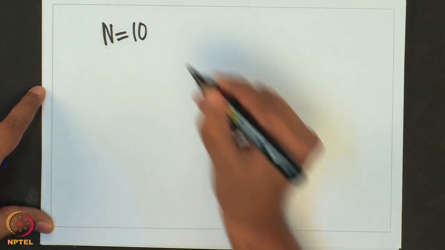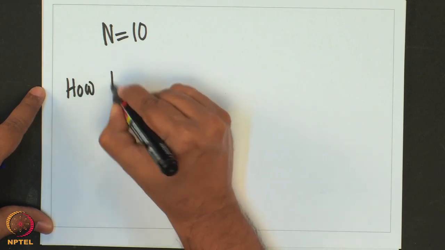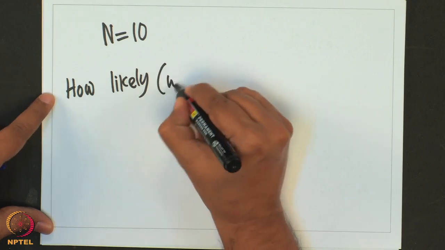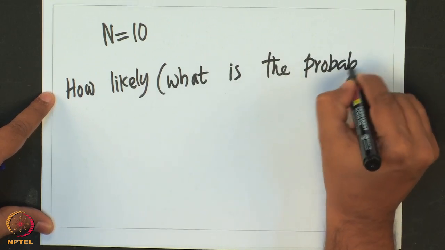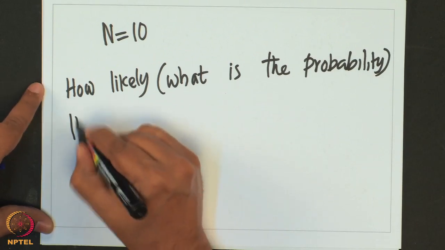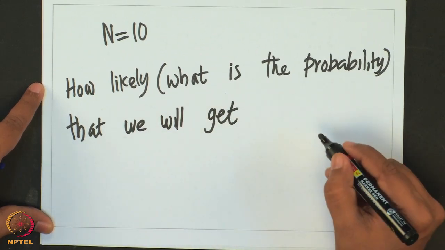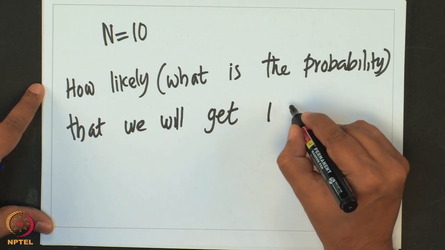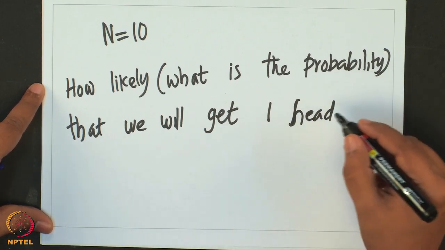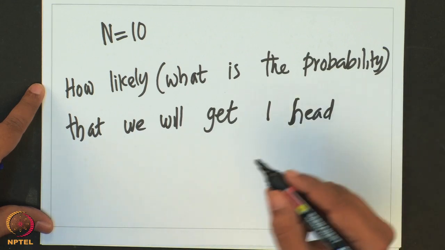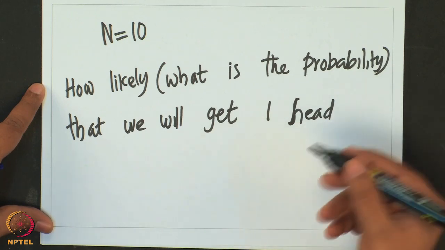So there are 10 individuals or 10 couples or 10 tossings, and we would ask the question how likely, which is the same as what is the probability, that we will get exactly one head, or it could be one girl, and 9 boys, or in the other case 9 tails.